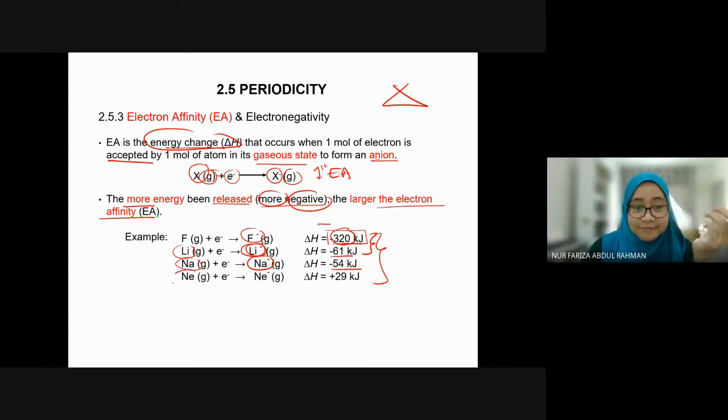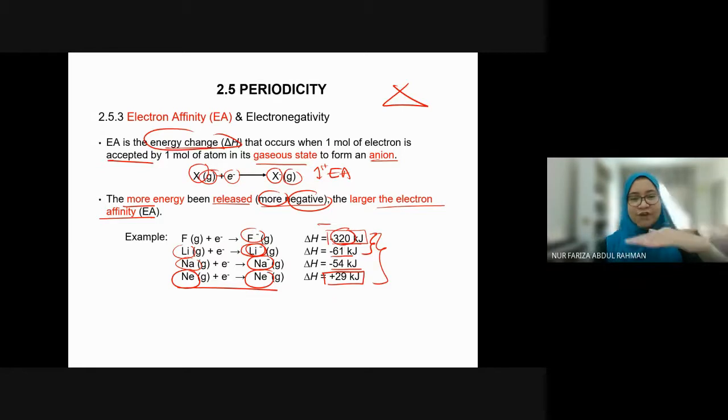As for neon, we know that neon is already stable, kan? So if we force it to accept the electron, yes, boleh, it is possible, it will become neon minus. But this process is not as simple as the others. Nampak tak the value here? The value shows that it absorbs energy. Okay, requires energy.